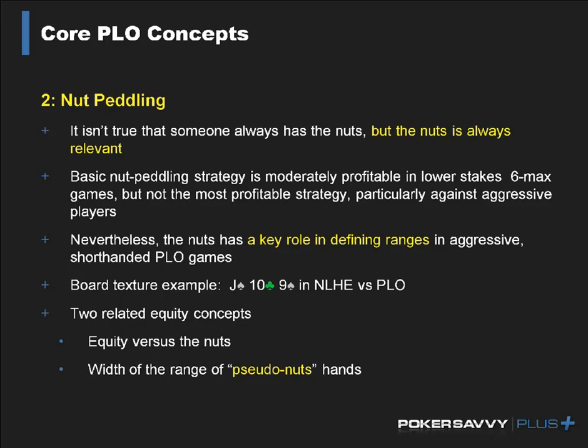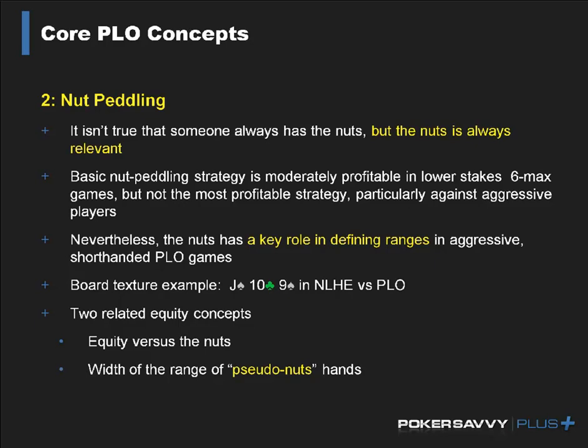Now sometimes you're actually going to be favored against the nuts with some hands, and then we're in this semantic debate. Is bare king queen the nuts on this board, or is it king queen with spades, or is it a set of jacks with the nut flush draw or whatever? But regardless, as a general rule, you're going to be curious what's your equity versus the nuts.